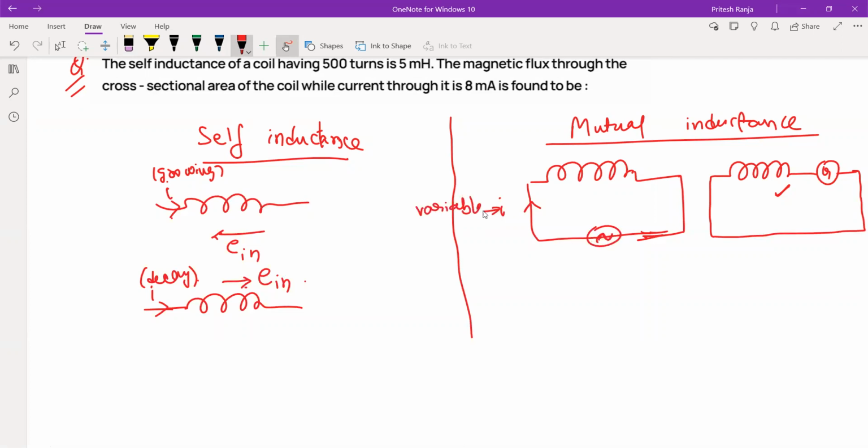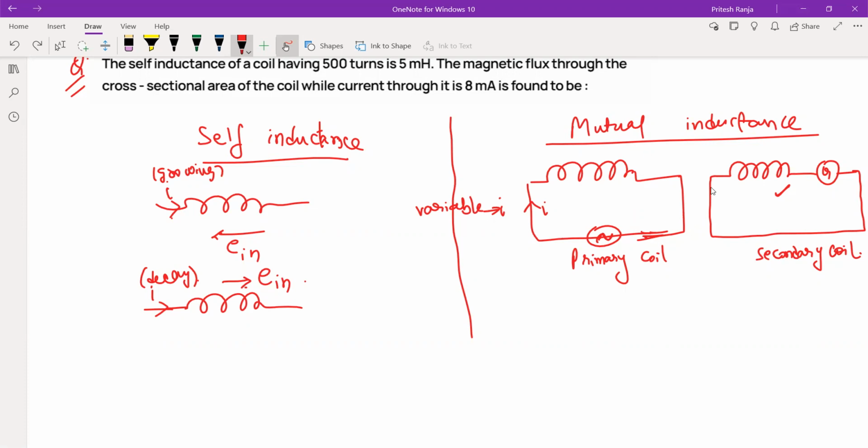Let us suppose AC current is passing here. Now let us give this coil the name primary coil and this is the secondary coil. In this case, EMF will be induced in the secondary coil due to the variable current flowing in the primary coil.